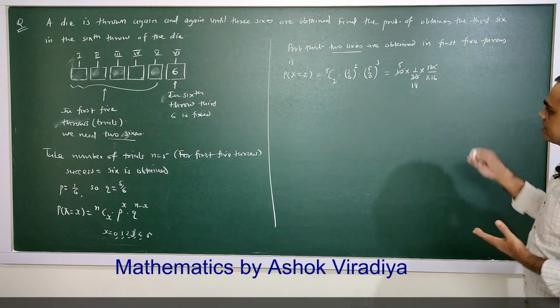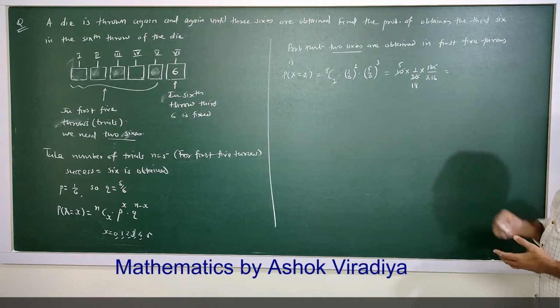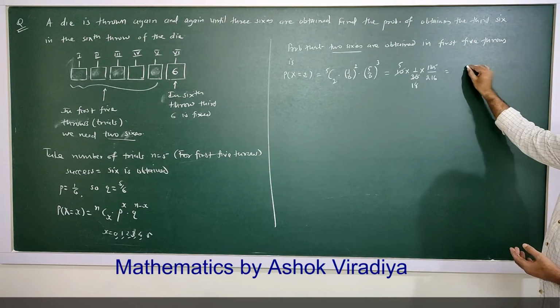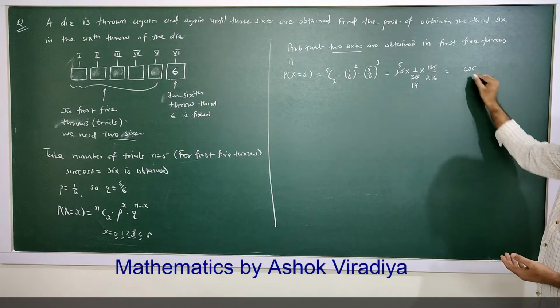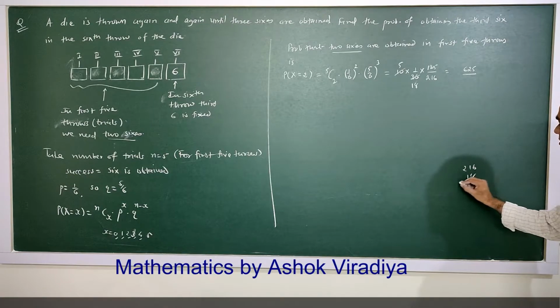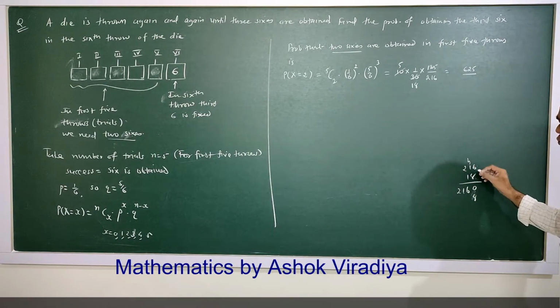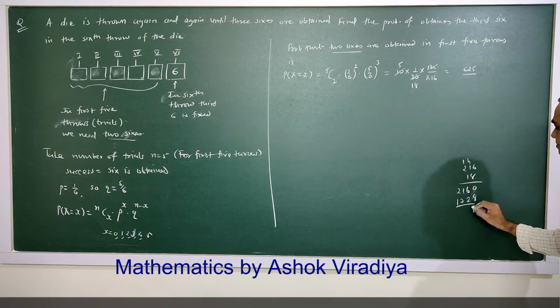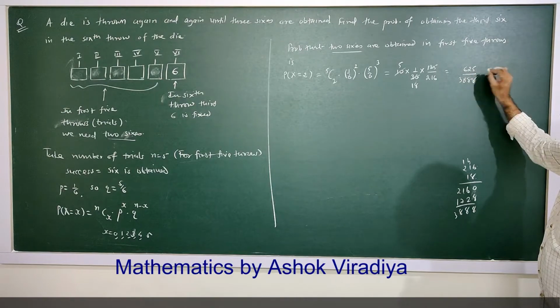So taking a product of these numbers, 125 into 5, that is 625, upon 216 into 18, 8 into 6 is 48, then 8 into 1 is 8 plus 4 is 12, 17, 3888.